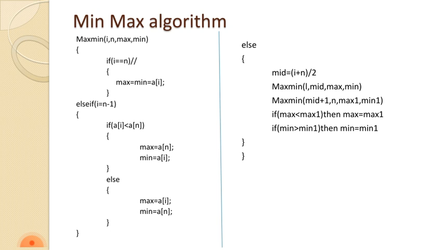So we have to stop there, and we have to start the merge. At the time of merging, we have to compare the max element of one part with the max element of the second part, and the minimum of the first part with the minimum of the second part.